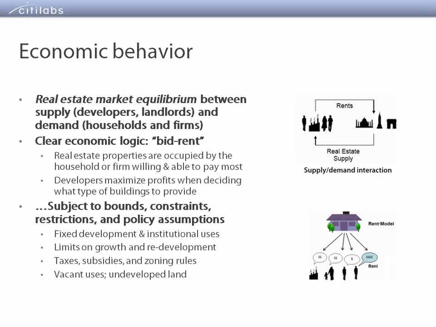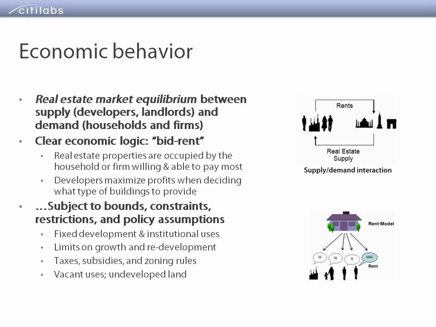This is all subject, of course, to bounds, constraints, restrictions, and policy assumptions, meaning that we can program into the model fixed development and institutional uses, meaning that if we're in a capital city of a large region, for example, the state capital is not likely to move locations because it's been there for, let's say, 50 years and it's not going to move.